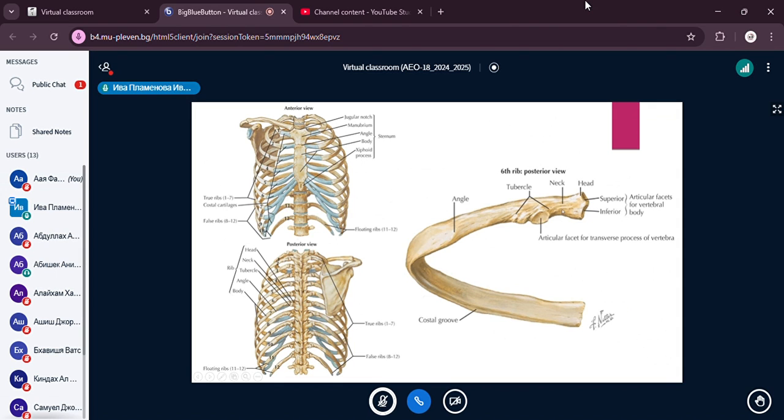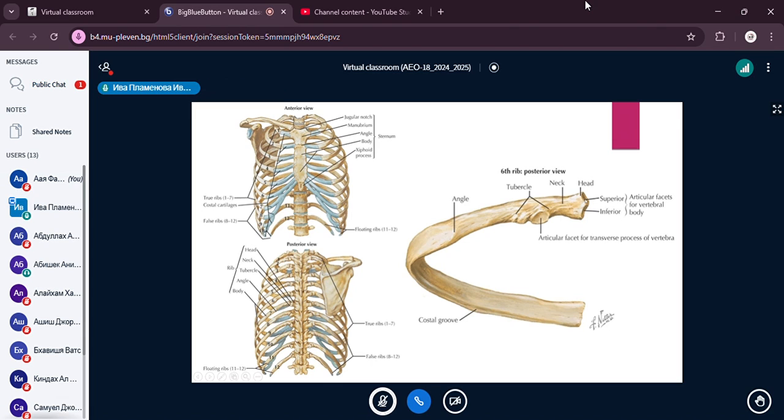So, for example, if this is the 6th rib, the superior facet is attached to which vertebra? Which thoracic vertebra? Number 5, for example. The inferior facet is attached to number 6.